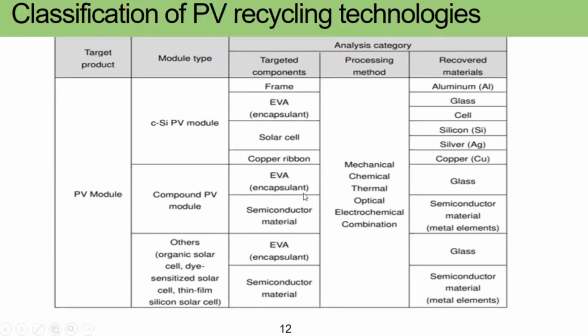For example, for the compound PV module, we can focus on the EVA or semiconductor materials and use methods that are mechanical, chemical, thermal, optical, or electromechanical combinations, and recover materials like glass or semiconductor materials.